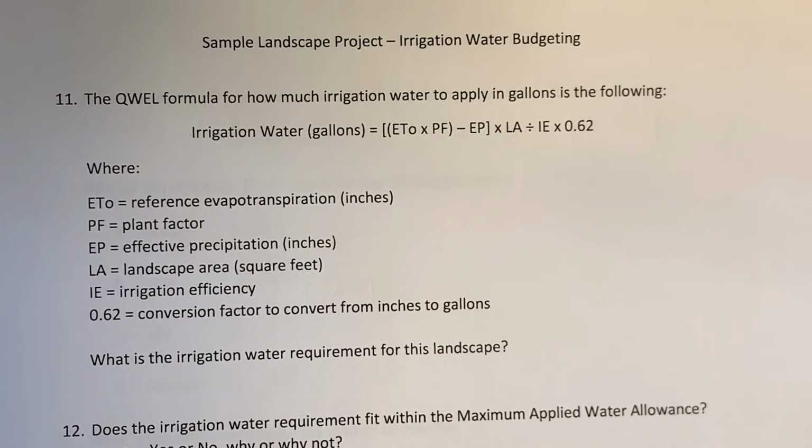The formula for how much irrigation water to apply in gallons is the following. Irrigation water is your ETo times the plant factor minus the effective precipitation multiplied by the landscape area divided by the irrigation efficiency and then multiplied by the conversion factor.